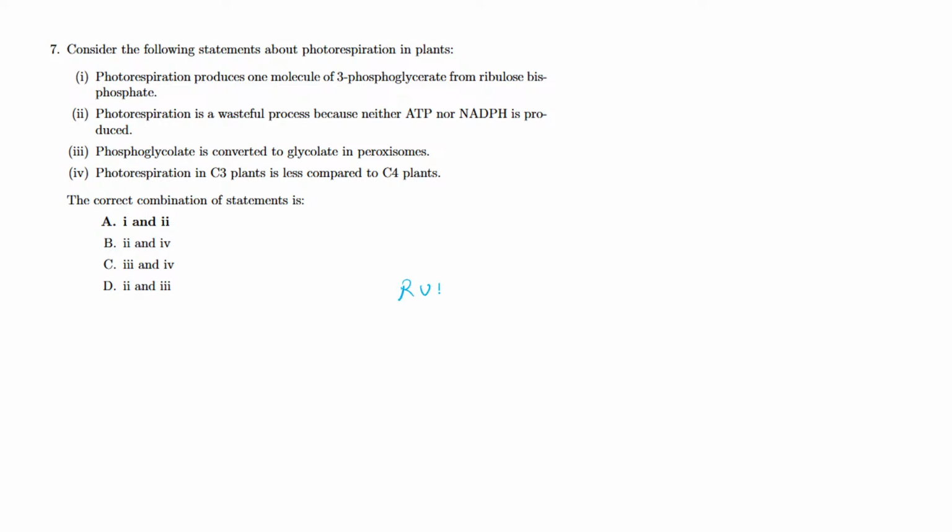So I have ribulose bisphosphate, and this will yield 3-phosphoglycerate plus 2-phosphoglycolate. So this is the whole reaction over here. RuBP produces 3-phosphoglycerate and 2-phosphoglycolate.